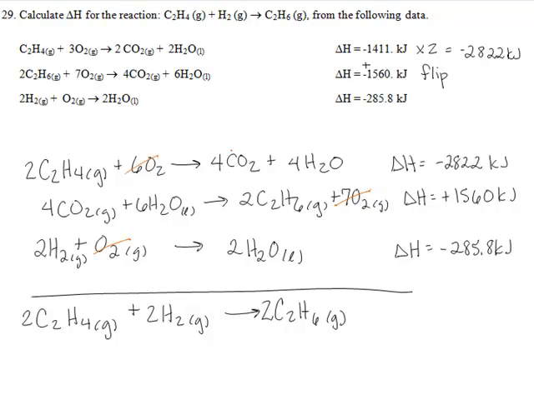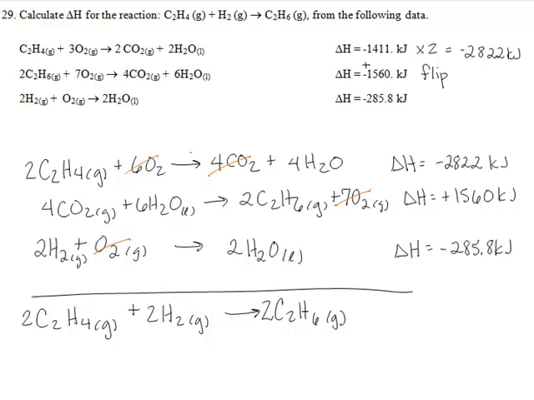Next, on this equation, I see that I have 4 CO2. There is no CO2 in my final equation, so I also need to look to see if I can cancel this. I check the product side and see that there are no other molecules of CO2 that I need to worry about. So I'm looking for 4 molecules of CO2 to appear on my reactant side. And here they are.